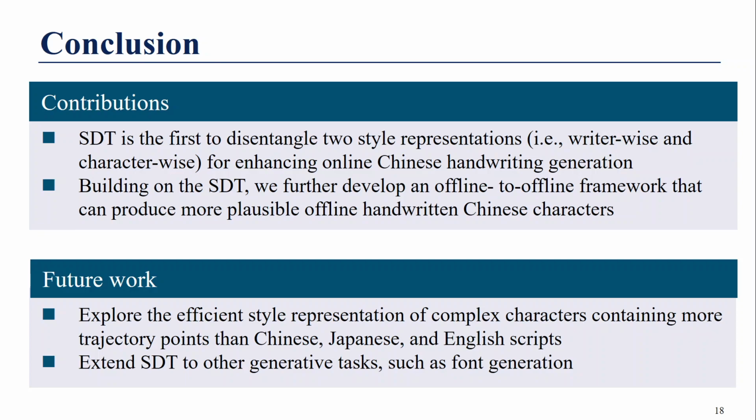Secondly, we further develop an offline-to-offline framework that can produce more plausible offline handwritten Chinese characters based on the proposed SDT. In the future, we will explore efficient style representation of complex characters containing more trajectories and extend SDT to other generative tasks, such as font generation.